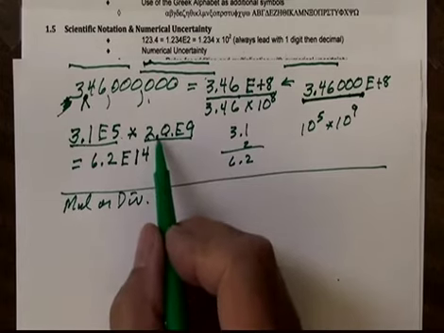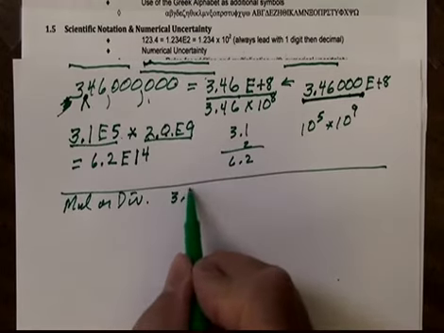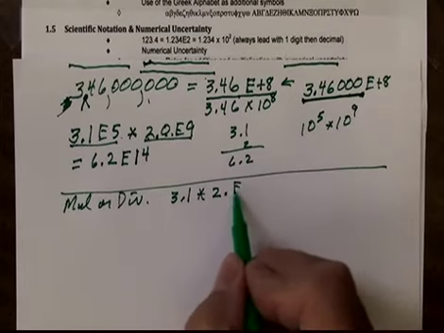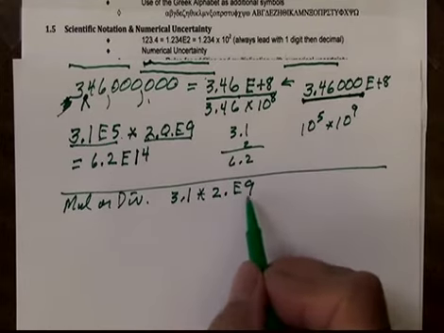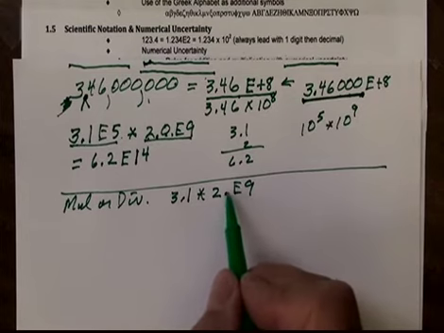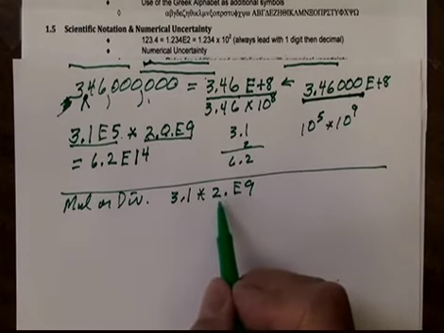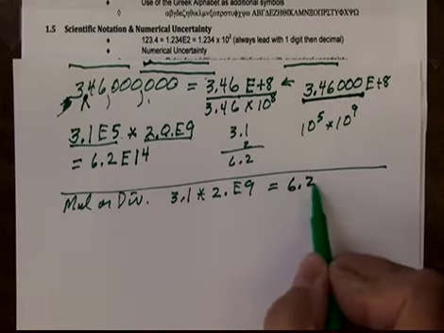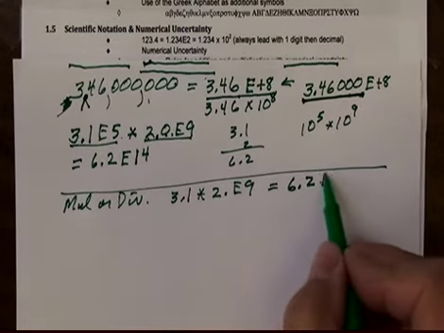For example, if this were instead a 3.1 times 2 e to the 9th, then in fact, this digit here is only known to 1 significant digit, and if I multiplied these together, I would get 6.2 e to the 9th.